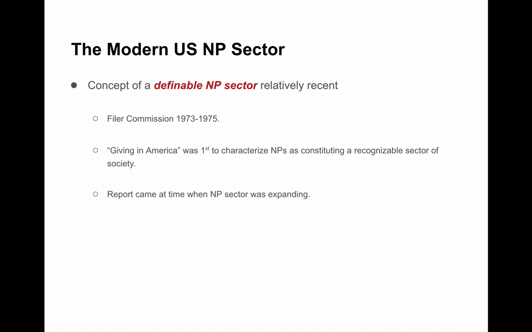So the Filer Commission, in 1973 to 1975, was kind of the first attempt to define the nonprofit sector, and then Giving in America, or Giving USA now, was the first to characterize nonprofits as a continuing, recognizable sector of society. Right. And then after that, you have the expansion of the nonprofit sector.